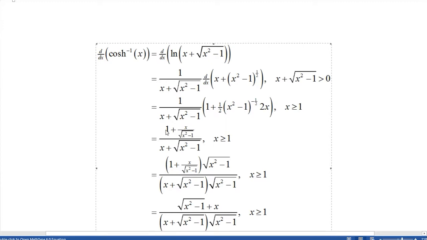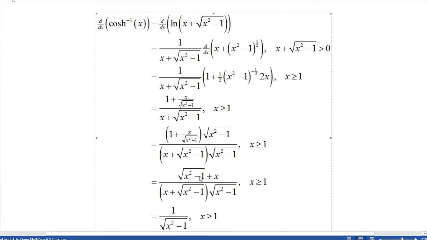That whole thing goes to the numerator here, but within that we have another numerator and denominator. Well, that's too many fractions inside of fractions, so let's multiply numerator and denominator by the square root of x squared minus 1. I'll just leave it factored out at the bottom, but in the numerator I'll distribute, and so we get the square root here, plus, and then when we distribute here, this cancels, leaving just an x.